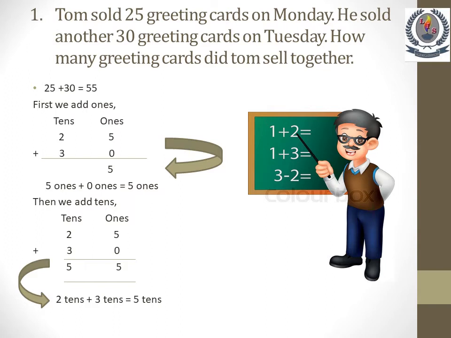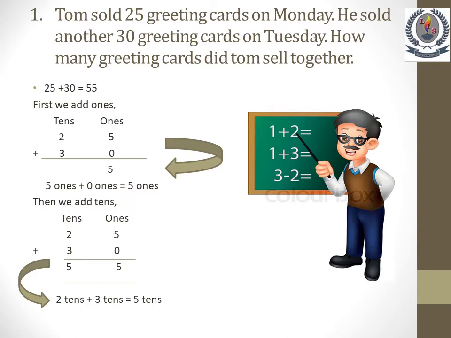We can find the sum by counting on using a number line. Usually, we count on from the bigger number 30 and add 25. However, to add 25 and 30, it is easier to count on in tens from 25.